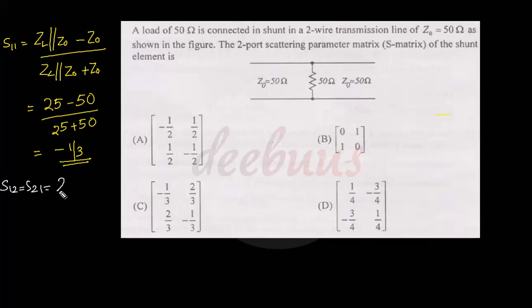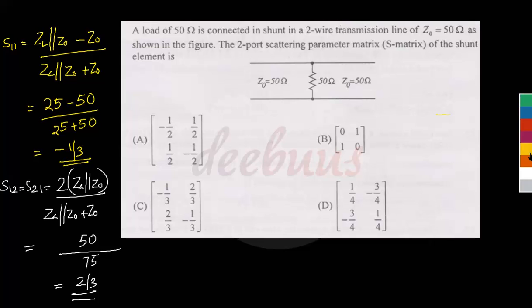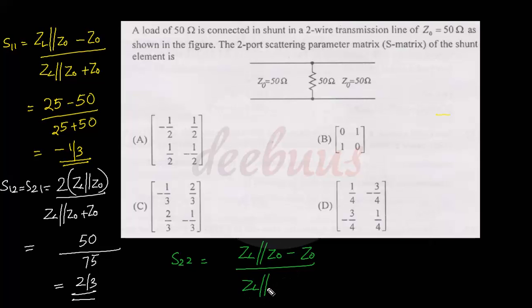So for reciprocal, 2 into ZL parallel Z0, divided by the same denominator, that is ZL parallel Z0 plus Z0. The denominator is 50 plus 25, that is 75. On the numerator side, ZL parallel Z0 is 25, 2 into 25 is 50. So that turns out to be 2 by 3. Now we have to evaluate S22. S22 is again ZL parallel Z0 minus Z0, by ZL parallel Z0 plus Z0.